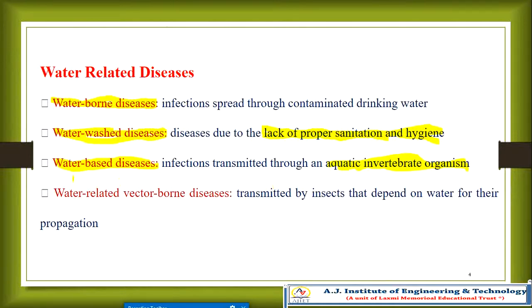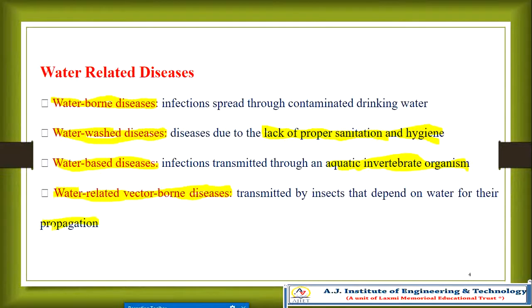That is water-based diseases. And one more important type is water-related vector-borne diseases. These are transmitted by insects that depend on the water for their propagation.